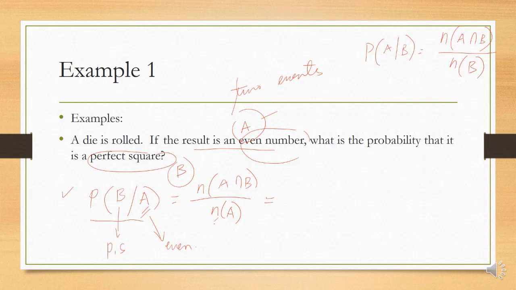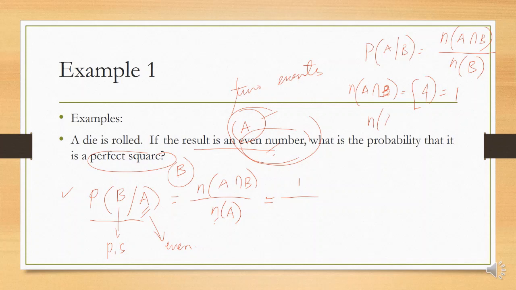So, from rolling a die, N of A intersection B is the number that is an even number and at the same time a perfect square. In that case, that is the number 4. Meaning, we have only one outcome. And then, down here is N of A, the event of an even number.